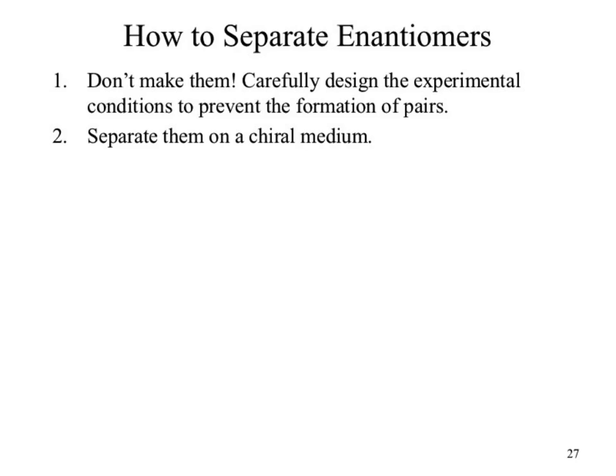So one way: separate them on a chiral medium. What does that mean? That's effectively what the human body is. It's a chiral medium. So we just give the mixture of drugs to a person. When their liver fails, we just throw that part away, and when the rest of them dies because they don't have a liver, we'll just extract the drug out of that.